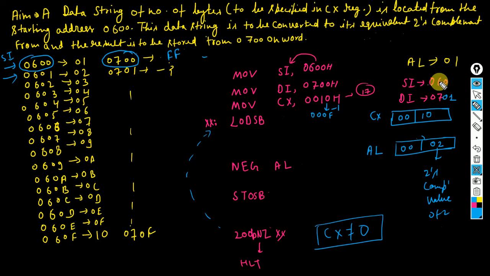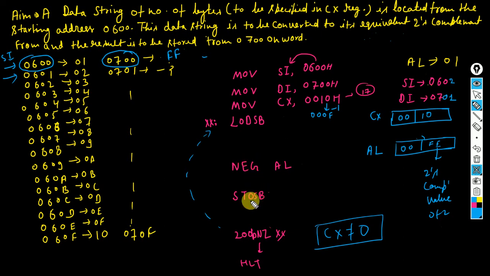Its address is increased by 1. Updated address is 0602. Okay, next instruction is NEG AL means content of AL is 2's complemented. After the execution of this step, the content of AL register is FE.